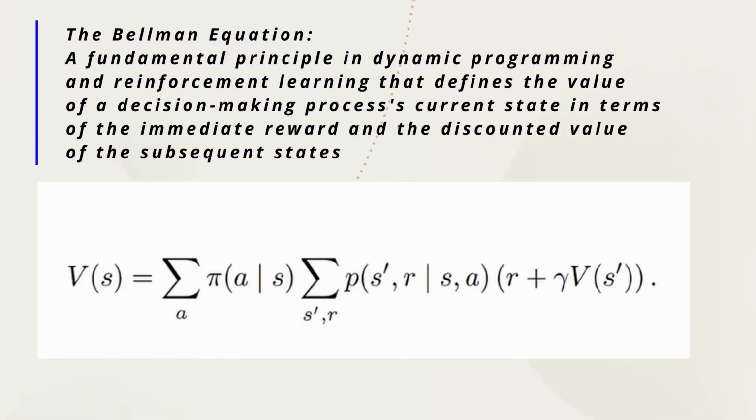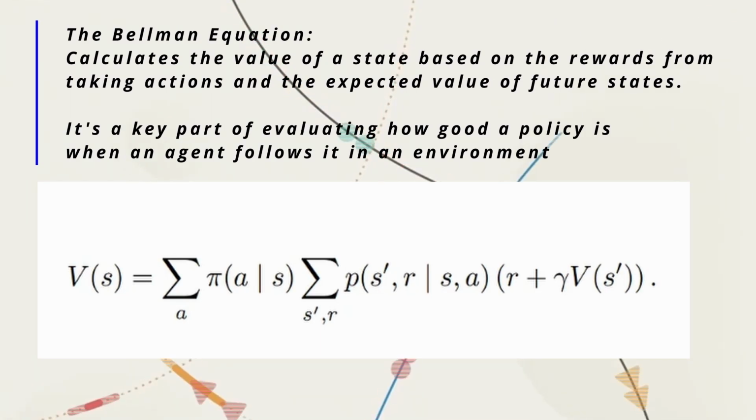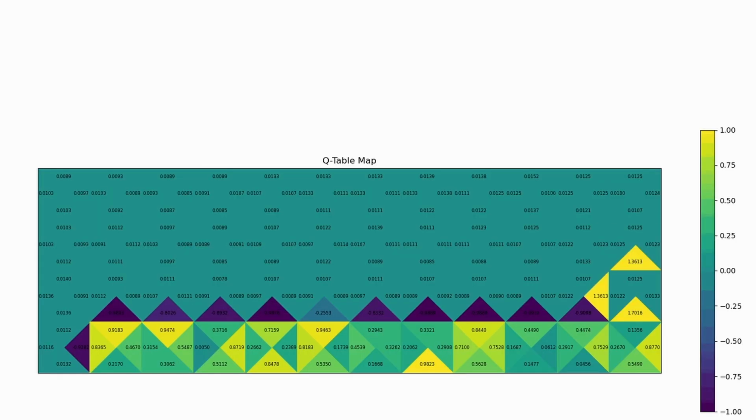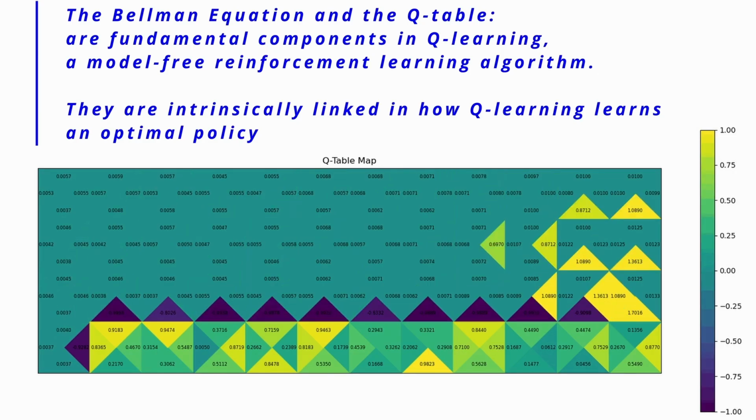Because it lets us break down this huge, complex, long-term optimization problem into smaller, recursive steps. It essentially says the best value of being in a state now is the immediate reward you get, plus the discounted best value of whatever state you end up in next. Discounted, meaning future rewards are worth a bit less than immediate ones. Exactly. It encourages prioritizing achieving goals sooner rather than later, and it also keeps the math manageable. It helps the agent weigh long-term gains against short-term ones.